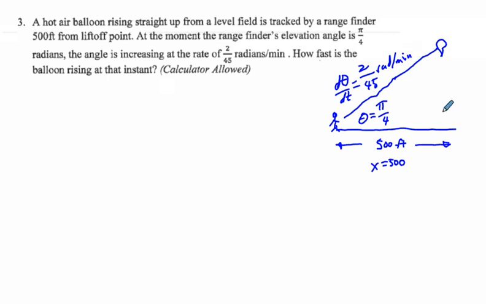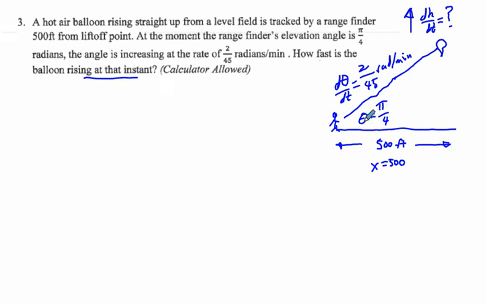Okay, now we're trying to find the rate the balloon is rising, so that's going to be dH dt. That's what we do not know, and we're trying to find out. So that is our question mark here. Okay, now one more thing. How can we find this y value?